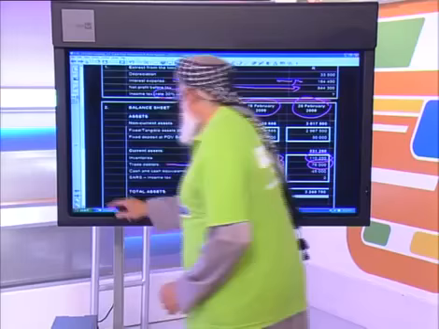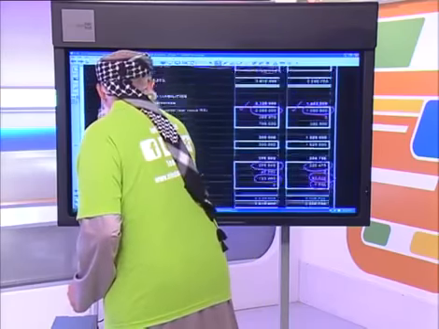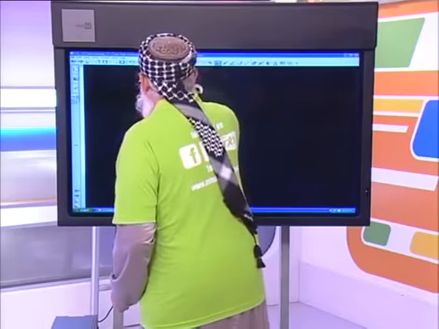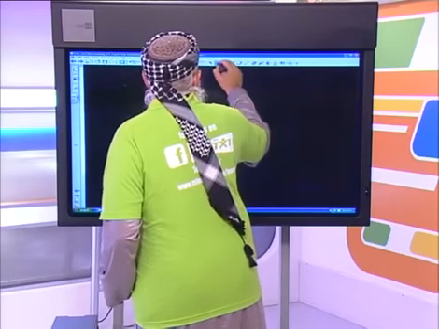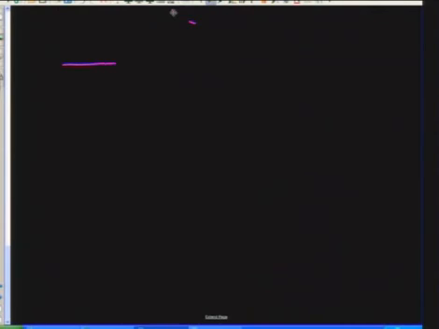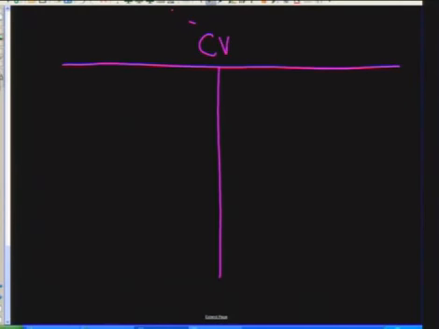Again, what do we know? Don't fear when Ashraf is near. And what are we going to do here? We're going to open up the account, and this is the asset now at carrying value.